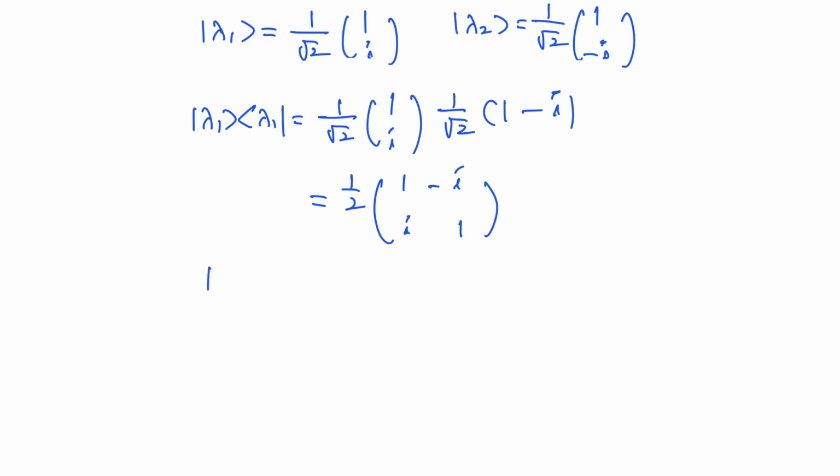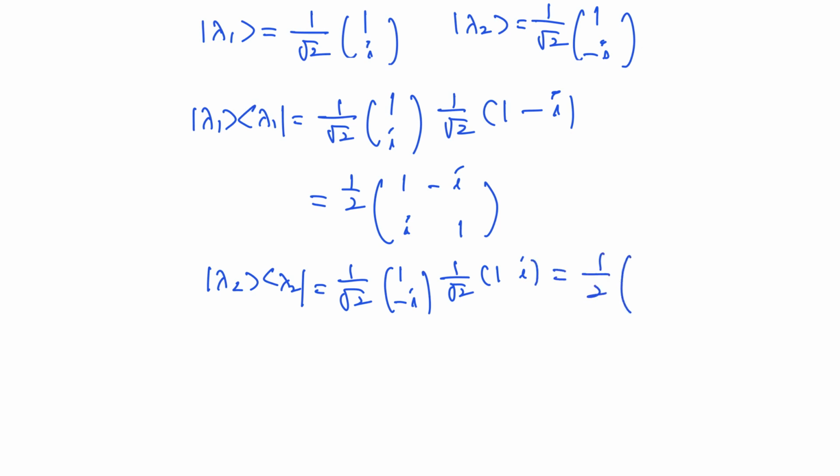How about lambda 2? Lambda 2, 1 over square root of 2, (1, minus i), times (1, i), is 1 over 2, (1, i; minus i, 1), right?